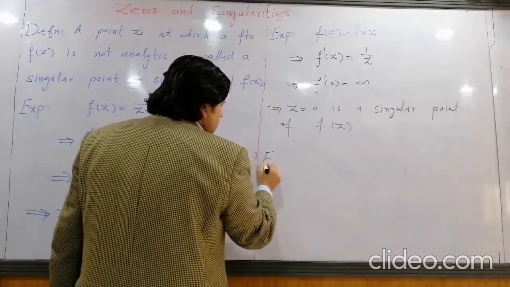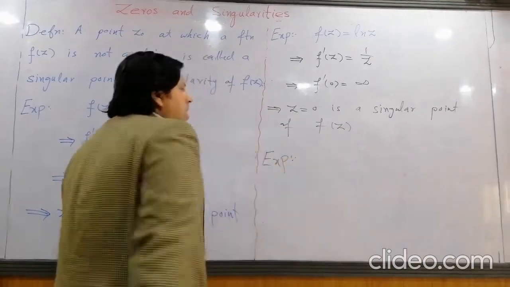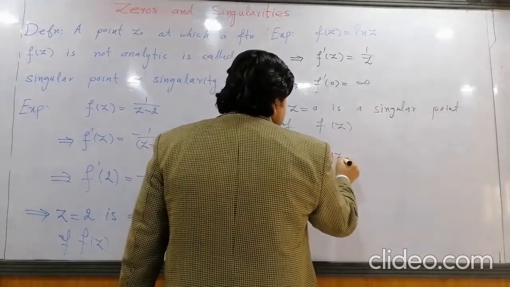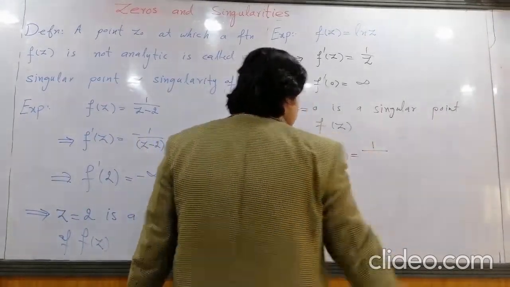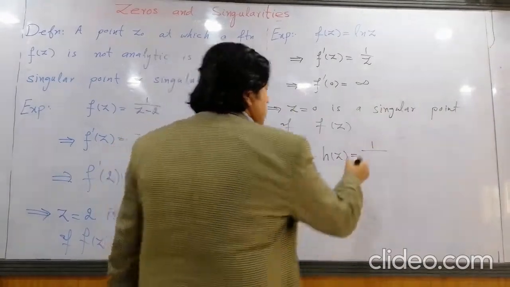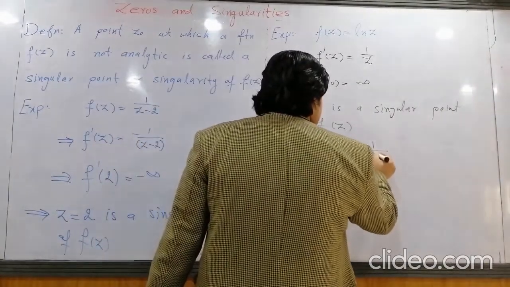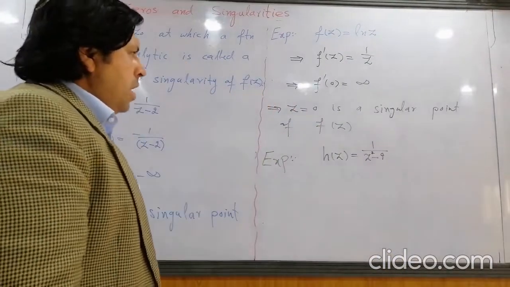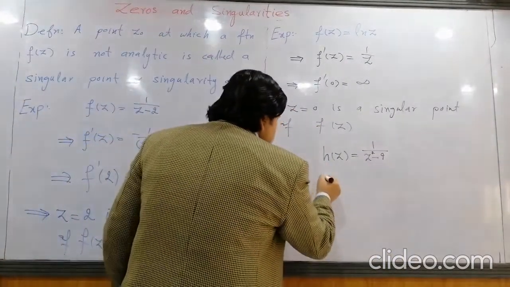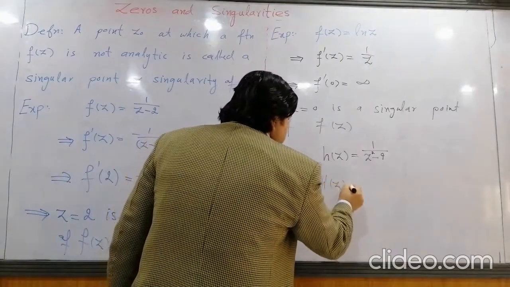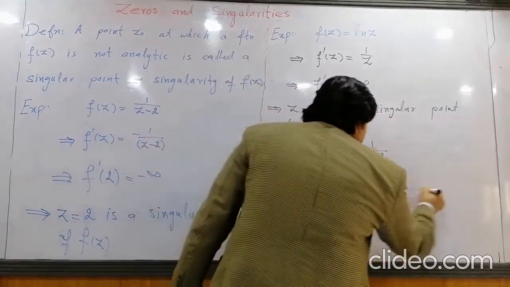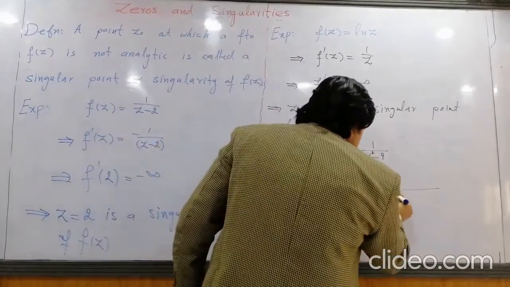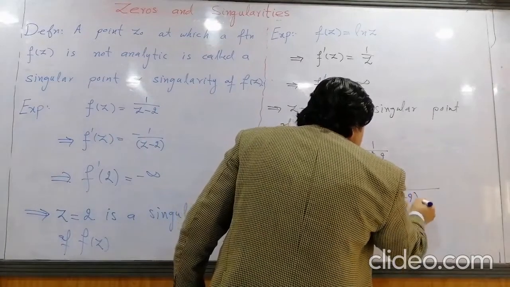Now let us consider one more example. In this example, let us take a function h of z which is equal to 1 over z square minus 9. And if I differentiate this function, h dash of z, by the quotient rule I get the denominator squared, z square minus 9 whole square.